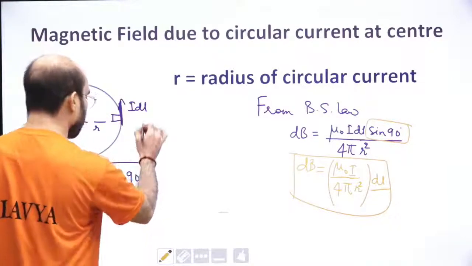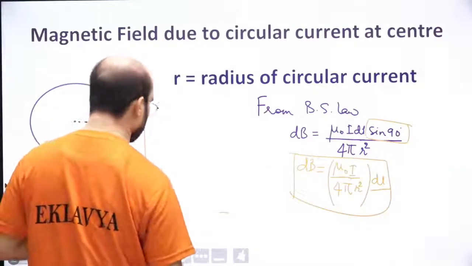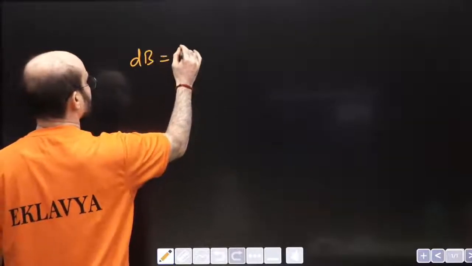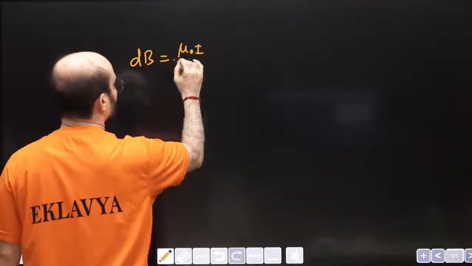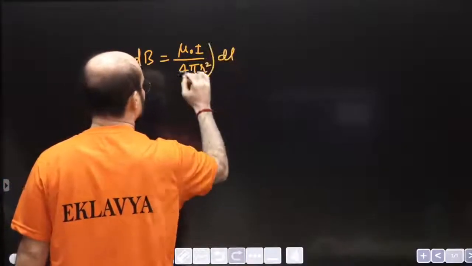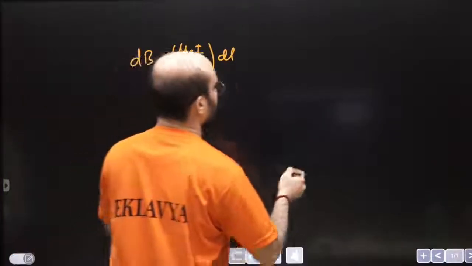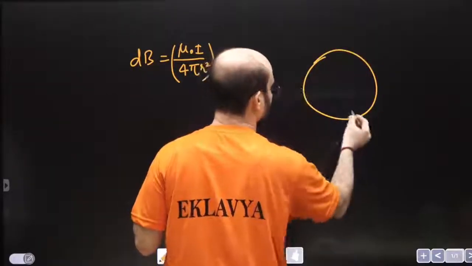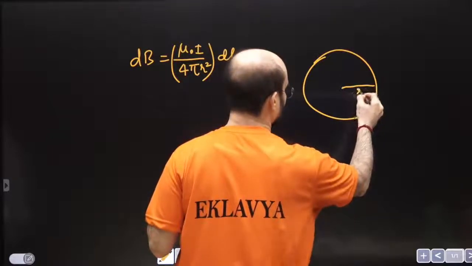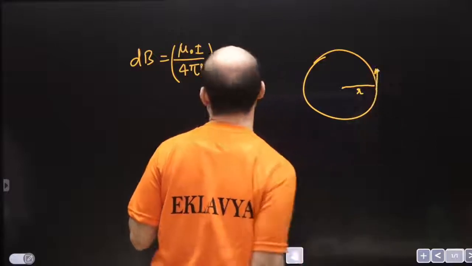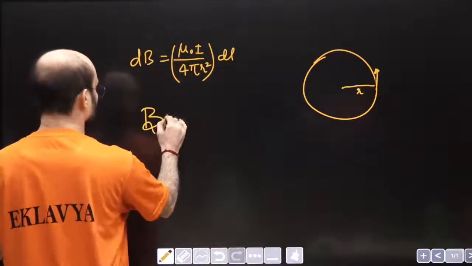Now what would be this B? We have got dB equals mu naught I upon 4 pi r square into dl, right? Now what we are interested in finding out is the entire circular current. So what would be the circumference? The circumference would be 2 pi r.